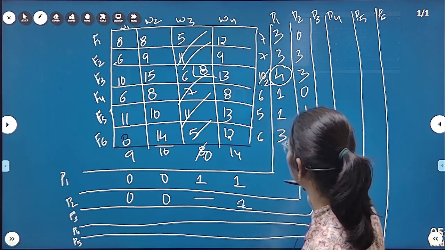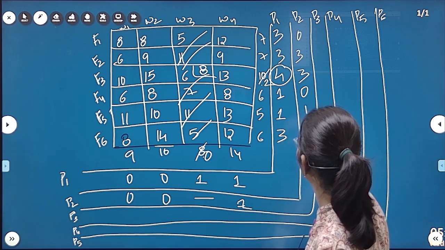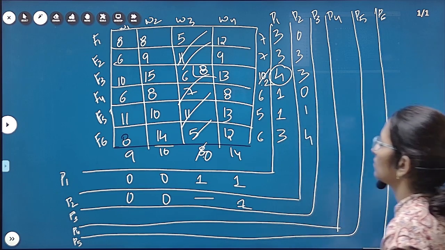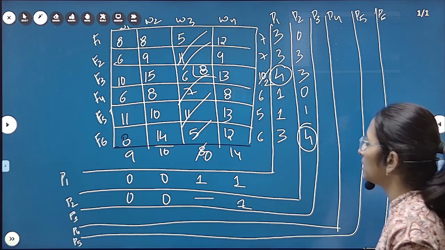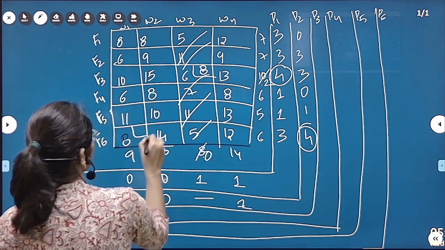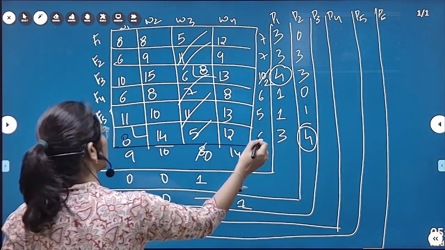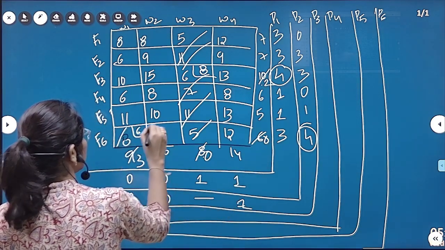And next one 8 minus 12, 4. Okay, next higher number is 4 in F6. So the least cost is 8. So here there are 9 units, but there are only 6 units. So make this 0. And here still 3 more units. So cancel it.